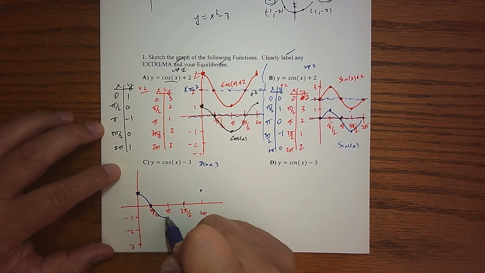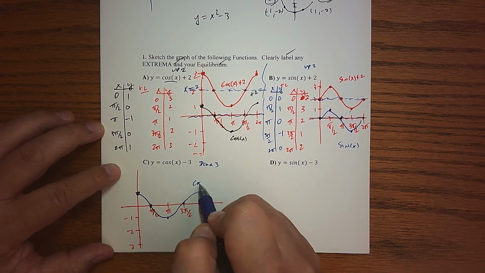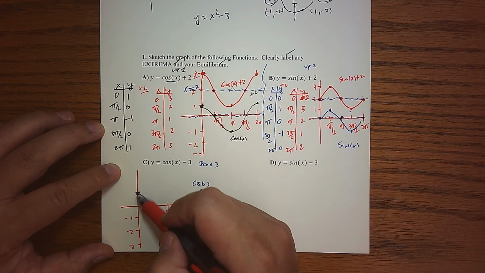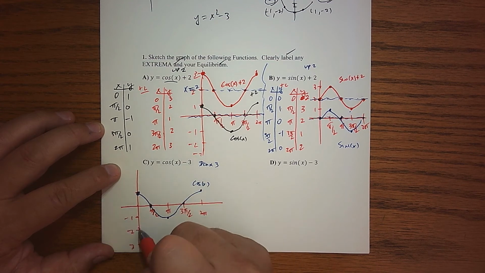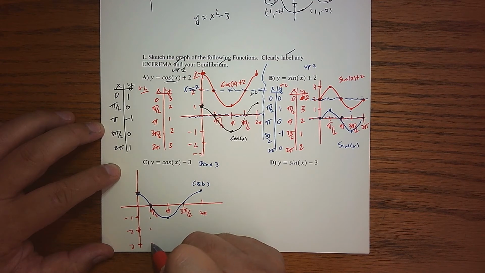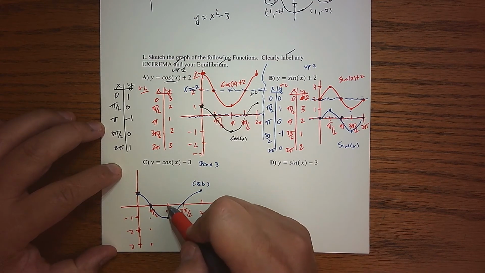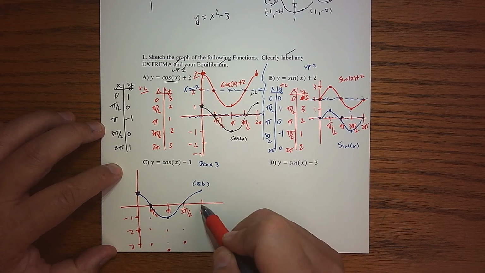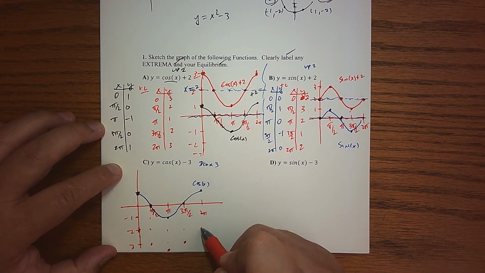So what I have in blue is what cosine of x does. But here, since we're shifting it down, 1, 2, 3, right? Then 1, 2, 3 again.